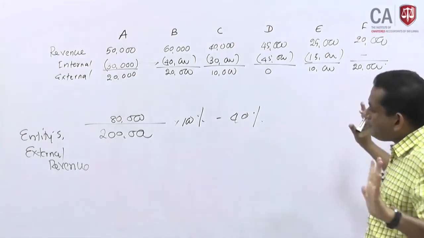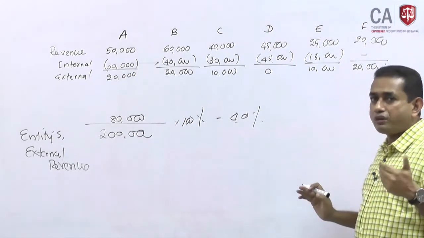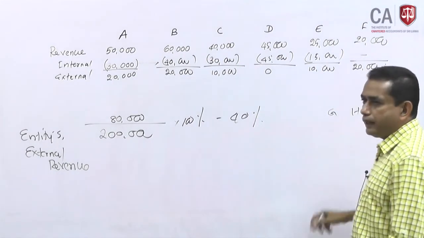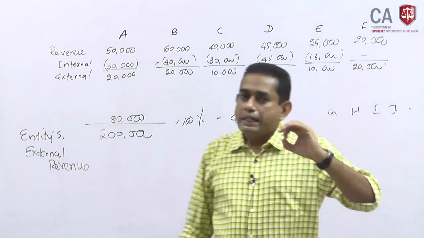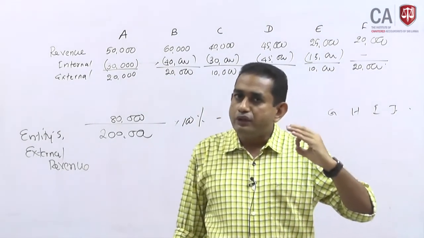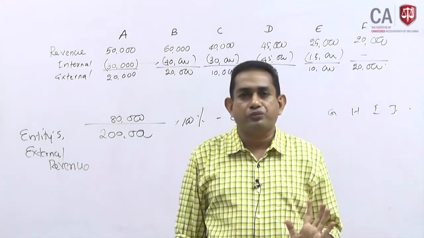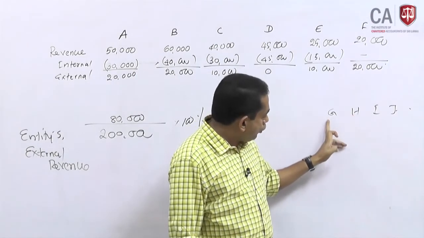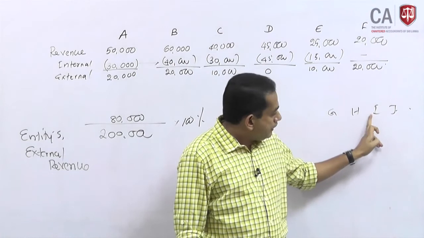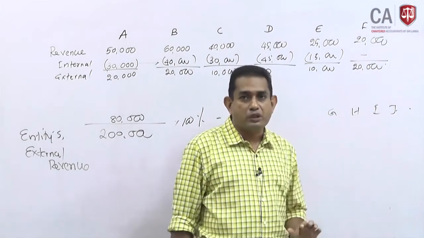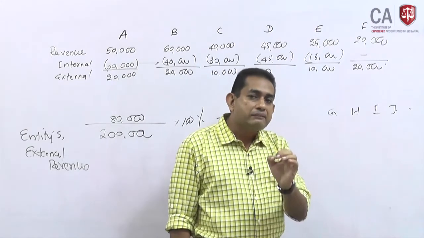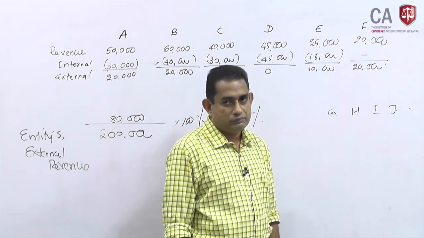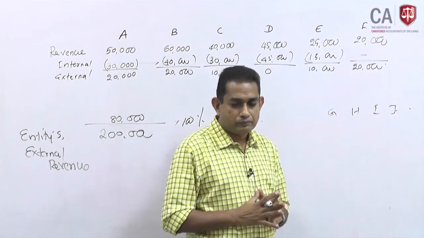There can be other operating segments which have not become reportable segments, like G, H, I, J, K, L, M, N and so on, that did not satisfy any of the quantitative thresholds. You need to keep picking the remaining operating segments as reportable segments until 75% of the external revenue requirement is satisfied. That is what the standard says.